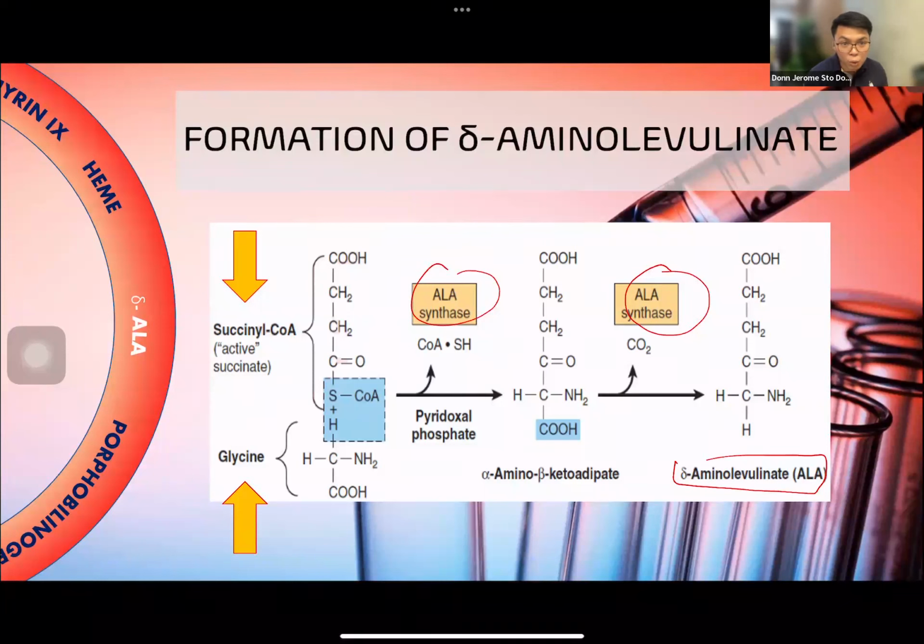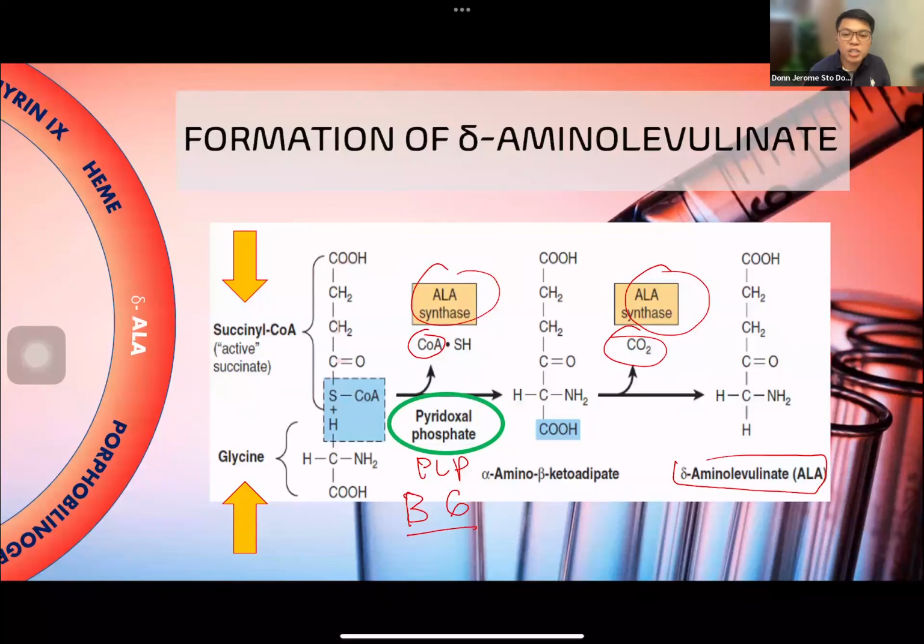Okay? It's a must-know. So ALA synthase is a decarboxylating enzyme. So this leads to the release of coenzyme A and carbon dioxide. This enzyme also requires a coenzyme known as pyridoxal phosphate, PLP. This pyridoxal phosphate is actually derived from a vitamin, which is vitamin B6, pyridoxine.